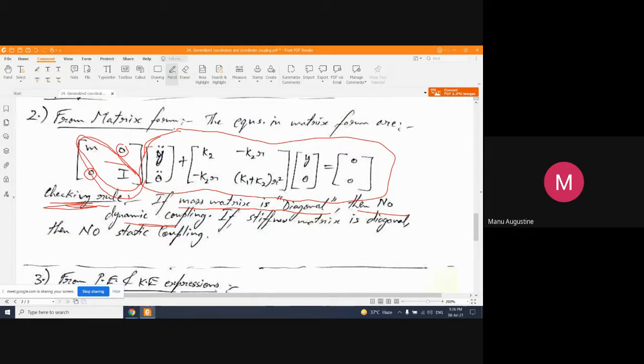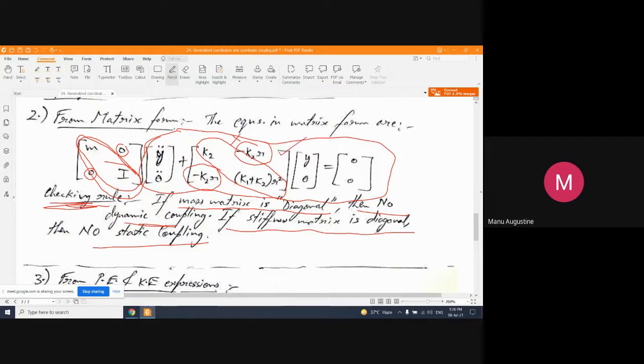And once again, if stiffness matrix is diagonal, then no static coupling. Now look at the stiffness matrix. Is it diagonal? Absolutely not. Because if it were a diagonal matrix, the entries would only be placed on the principal diagonal. Here would be 0. You will get a 0 here also. But since these two entries are not 0, we obviously know that your stiffness matrix is not a diagonal matrix.